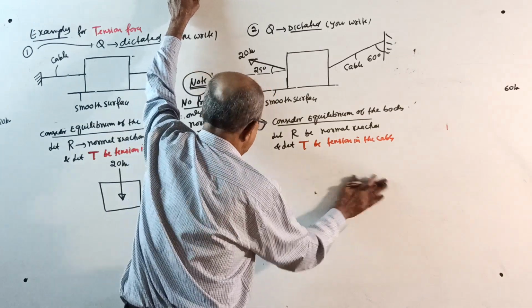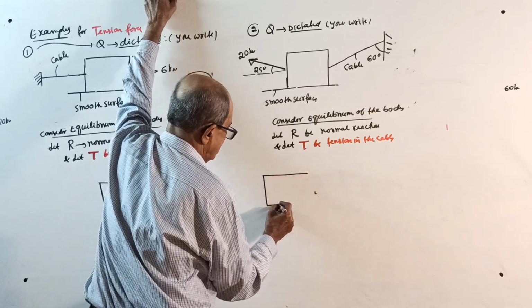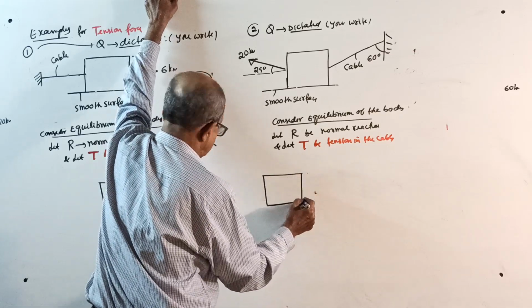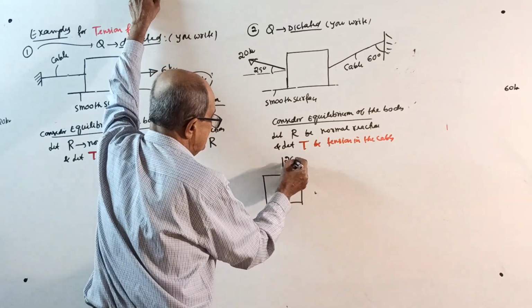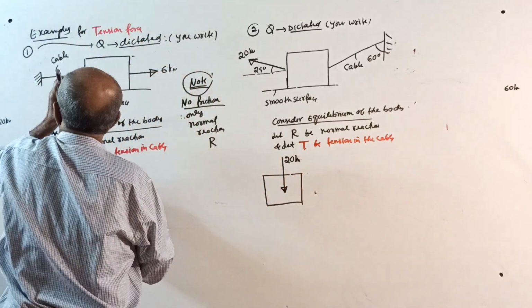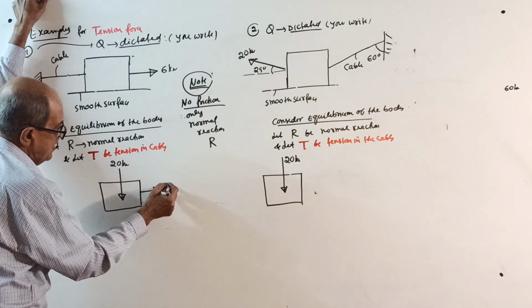Space is required here. For the block, 20 kilonewton weight is acting down. This is action. And here, one right side force of 6 kilonewton, action, given in the question.